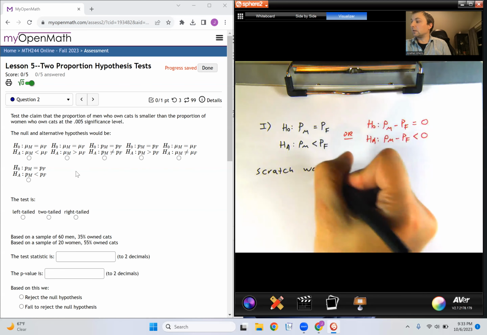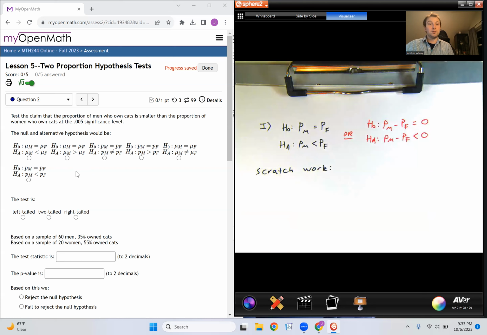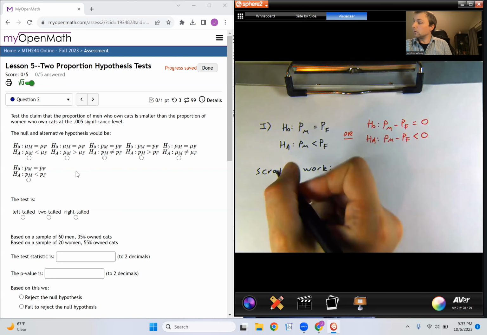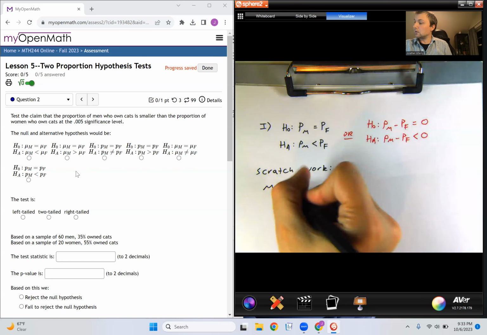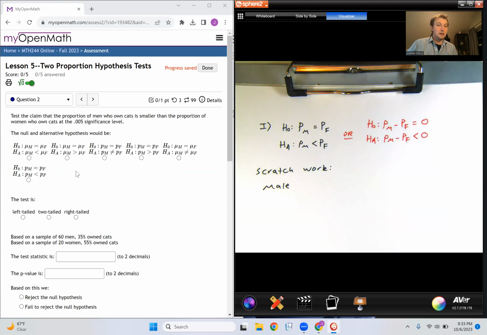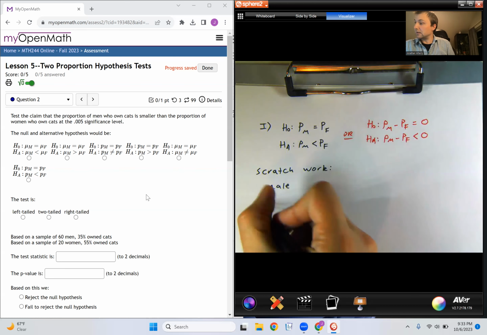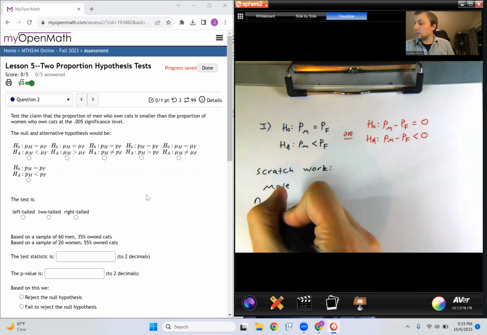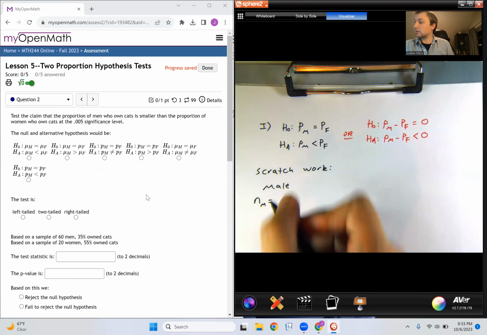So I want to make sure that I understand both the groups. For male, I have a sample of 60 men, okay? So my sample size for men is 60.